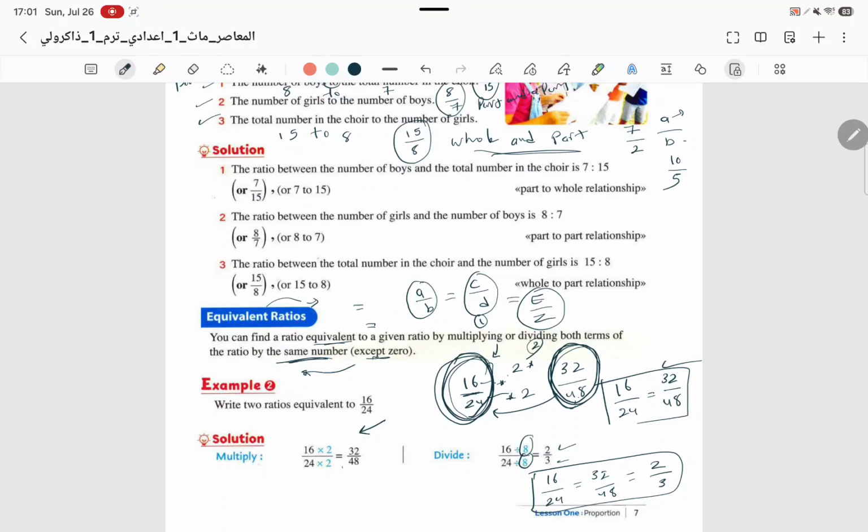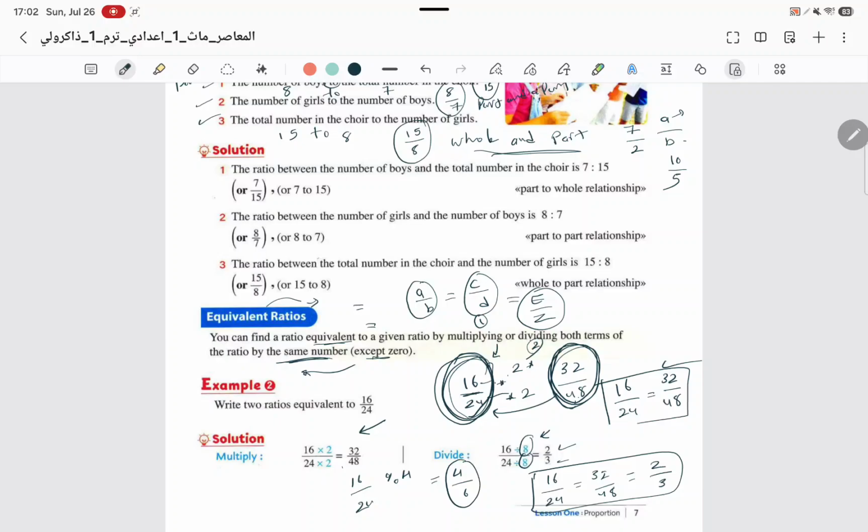For example, if we have another, I can divide the top and the bottom by any number. He divided here by 8. I can divide it by, for example, 4. So 16 over 24 divided by 4, we will get 16 over 4, it's 4, and 24 over 4, it is 6.